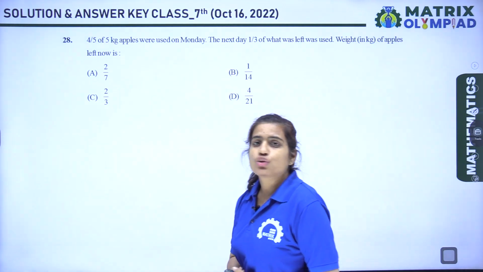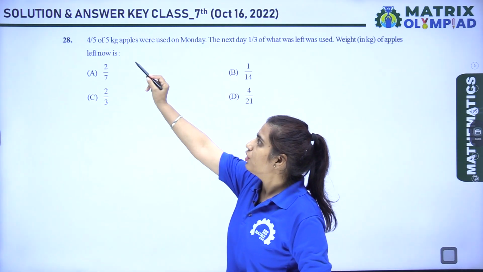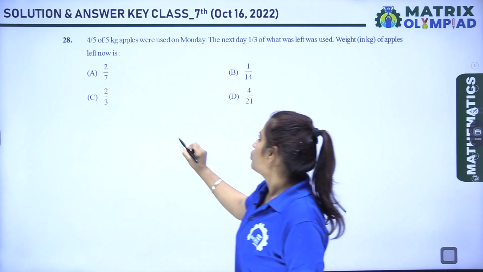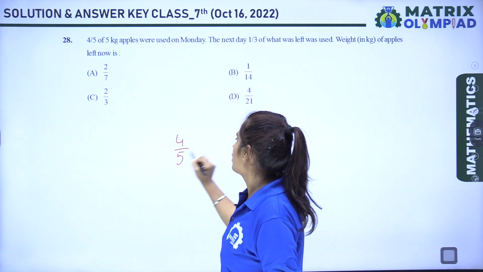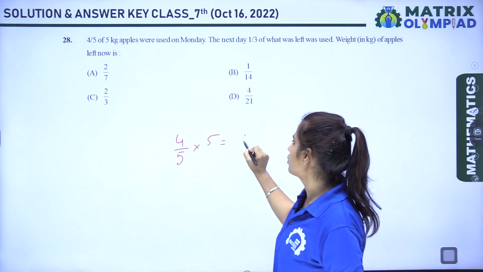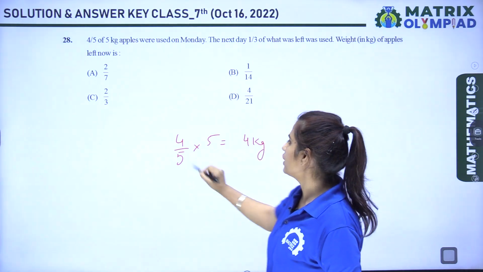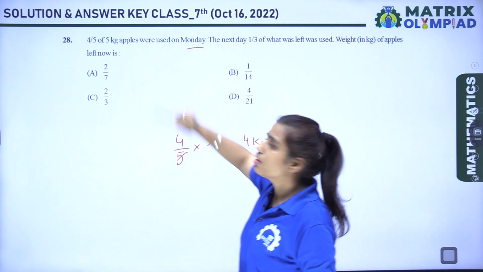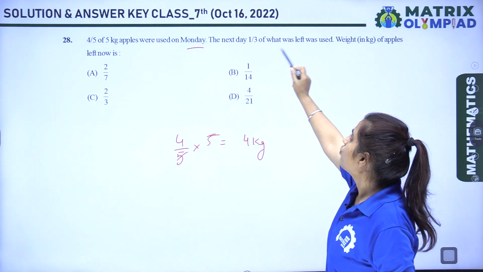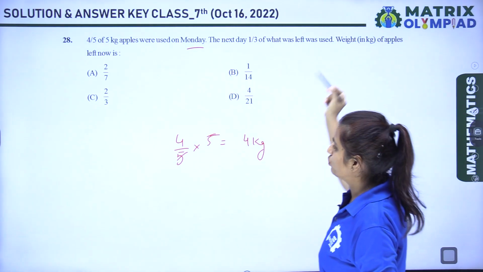Okay, now the next question is, 4 upon 5 of 5 kg apples were used on Monday. So let's check. 4 upon 5 multiplied by 5, we get 4 kg. It means 4 kg apples were used on Monday. Now the next day, 1 upon 3 of what was left was used.